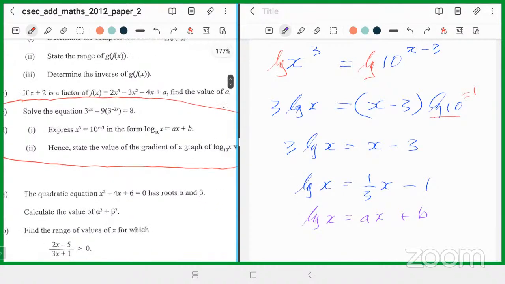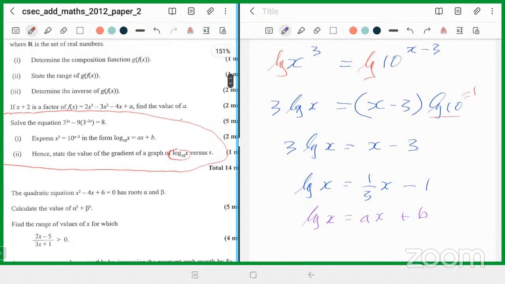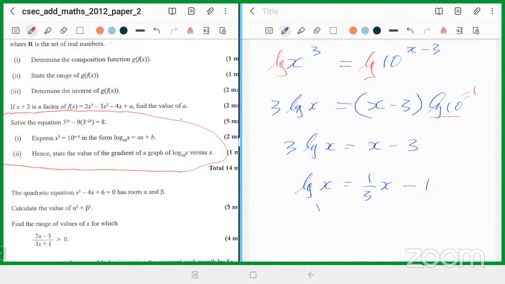It says, hence, state the value of the gradient of the graph of log x versus x. Because now, what does that mean? This is now in the form of the equation of a line, which is y equals mx plus c.